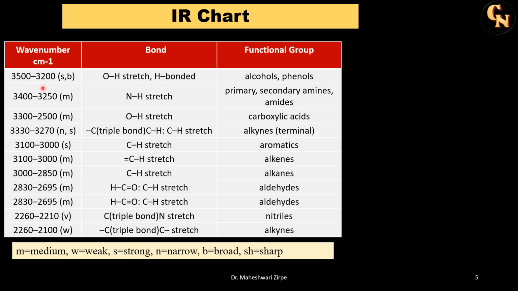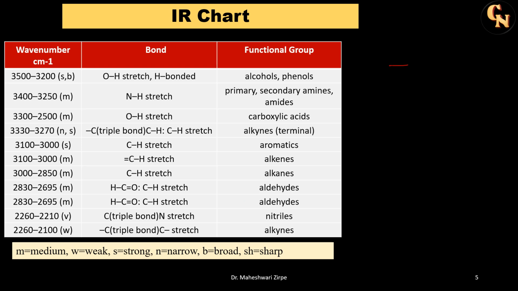That means if you have a signal between these values, then it represents O-H stretching of either an alcohol or phenol group. And what do S and B in the bracket indicate? S indicates strong, B indicates broad. That means the phenol and alcohol O-H stretching will be strong and broad in the signal.